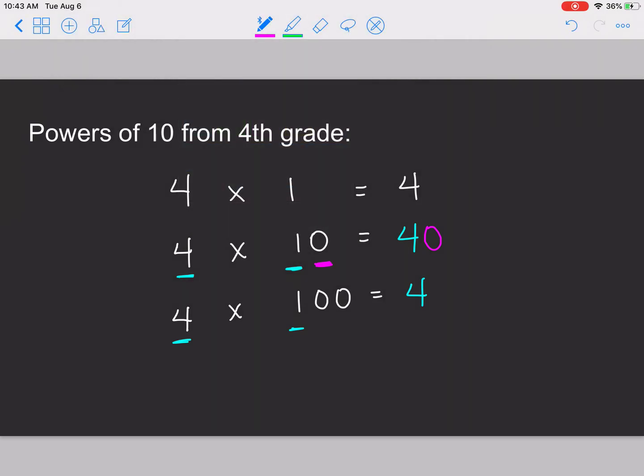This time, though, we have 2 zeros in 100, so we're simply going to place those zeros at the end. 400. So here's where you're seeing that multiplication of a digit times 1, times 10, times 100. That pattern keeps going. As you add zeros to your 1, you're going to add zeros to your final answer.